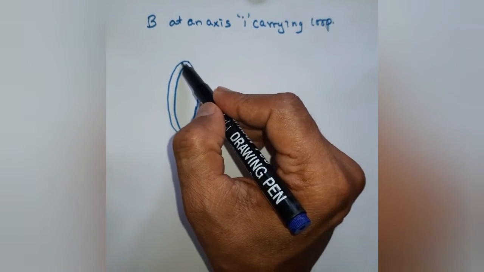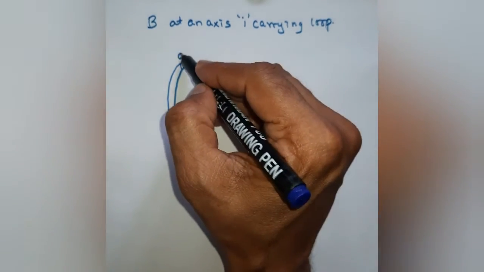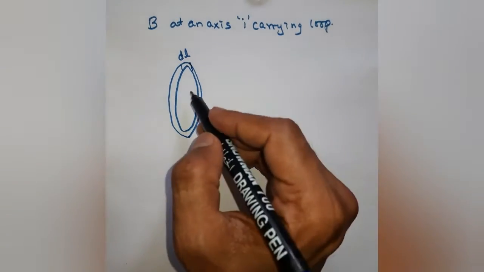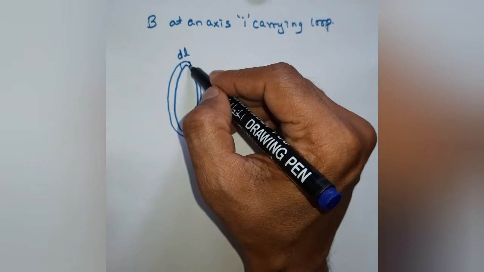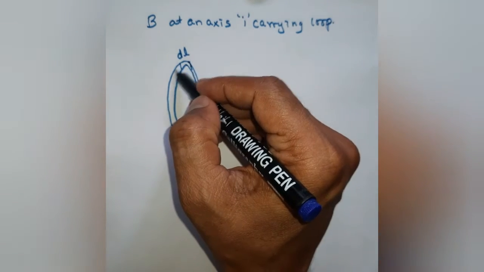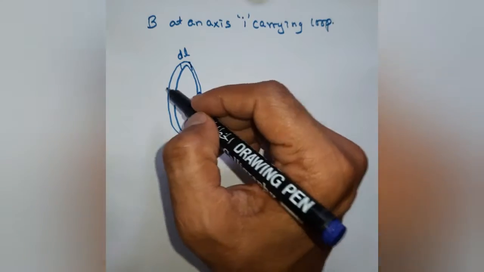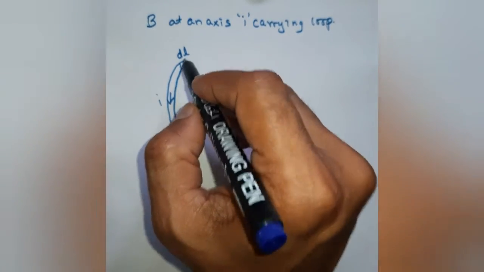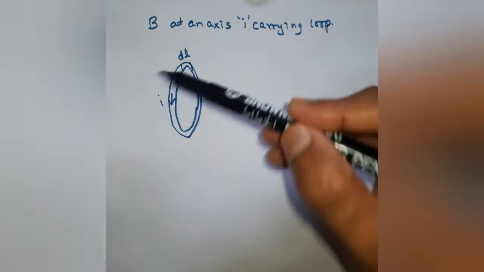This end, let's say, is a small element dl of length L, and this part is coming outward. If the current is flowing like this, I, we can assume that this part is going inside and this part is outward.